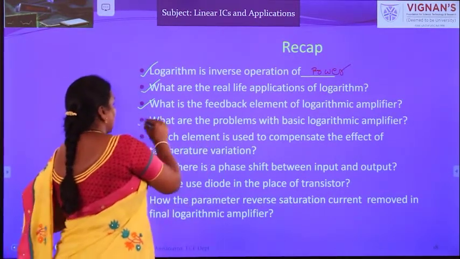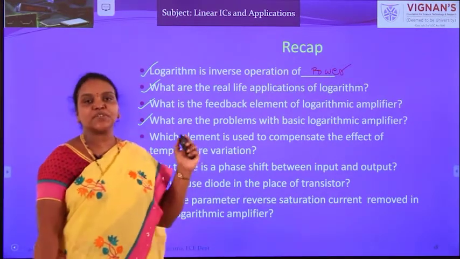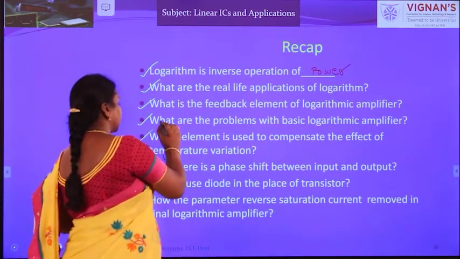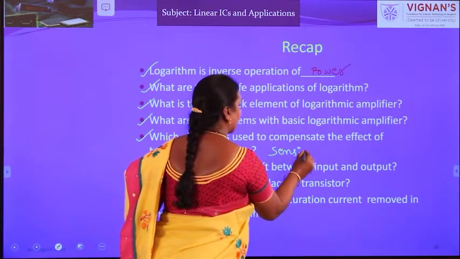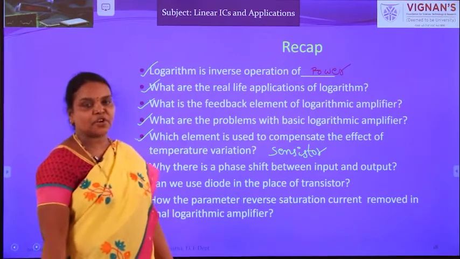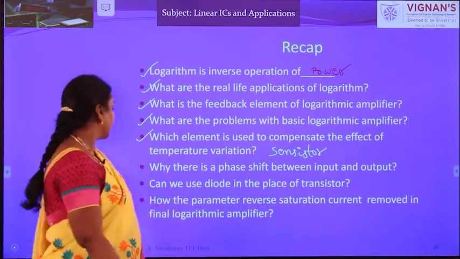Okay, those two are the problems. Which elements are used to compensate the effect of temperature variation? Okay, here we have used a sensistor, which has a positive temperature coefficient of resistance, and it nullified the effect of temperature.